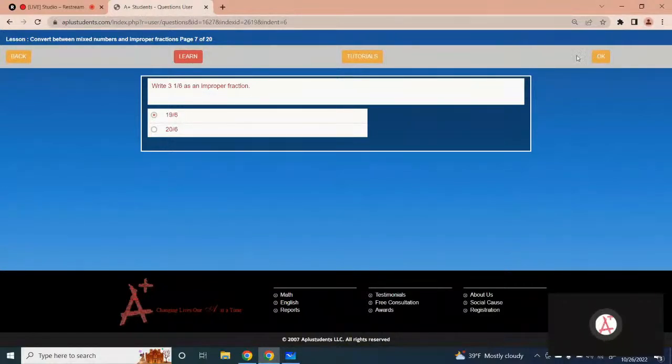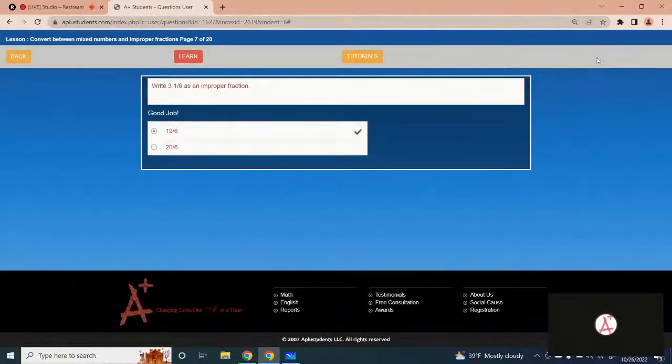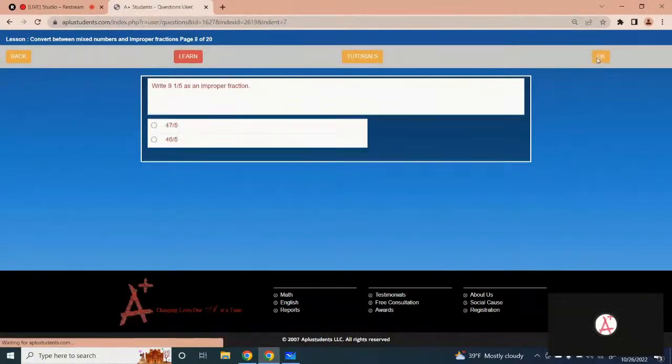Select the correct option and click on the OK button. Very good. Okay, write 9 whole 1 by 5 as an improper fraction. It would be 46 over 5. Got it?